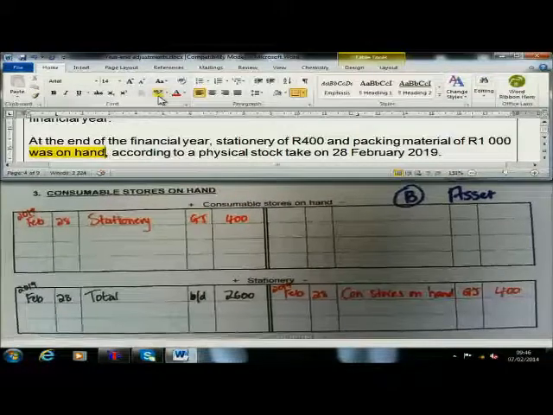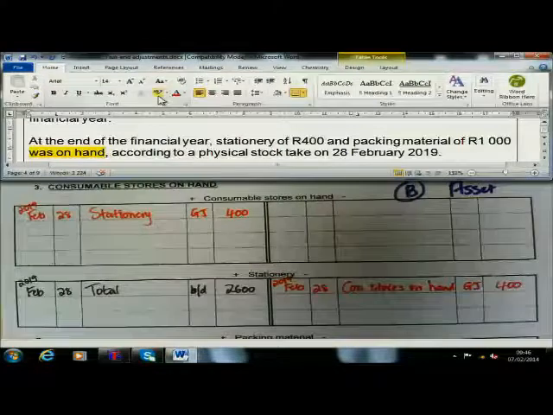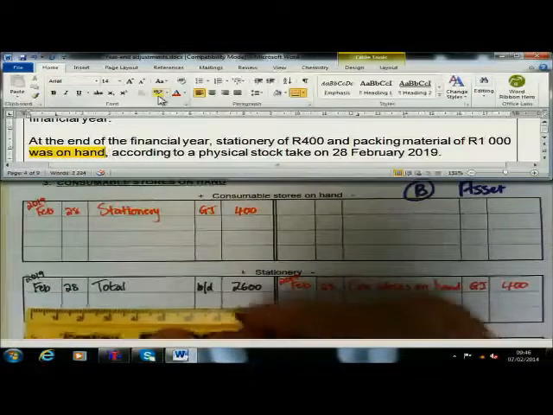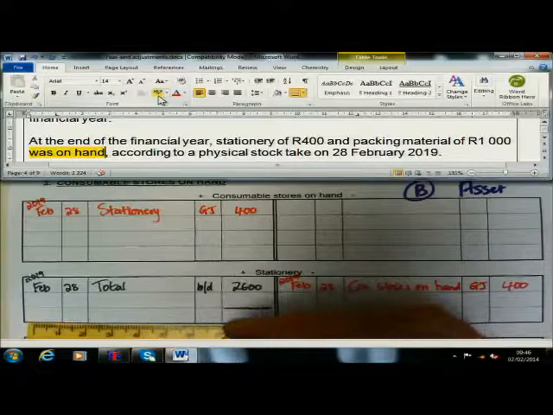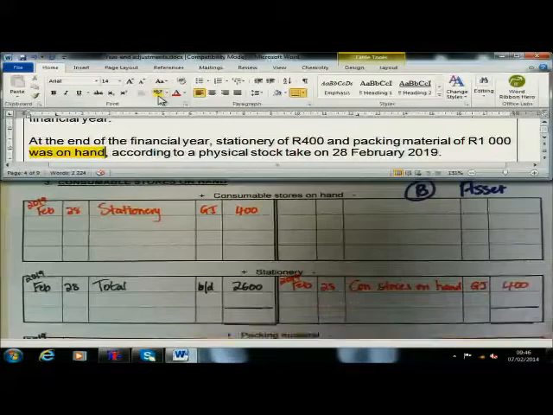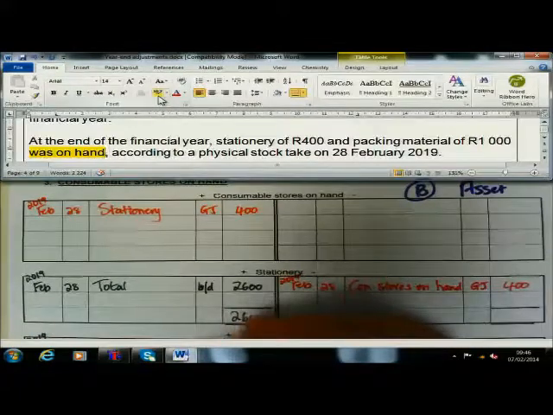It is your 2,600 that you bought minus the 400 that we didn't use.